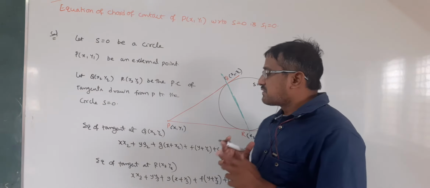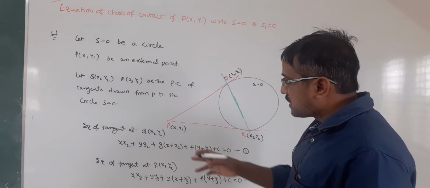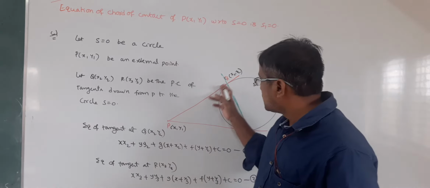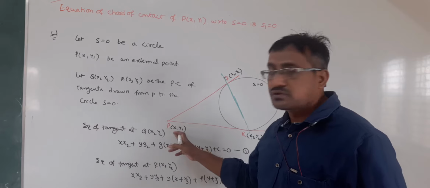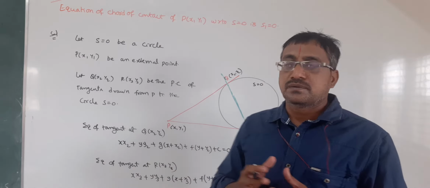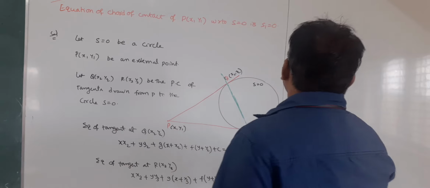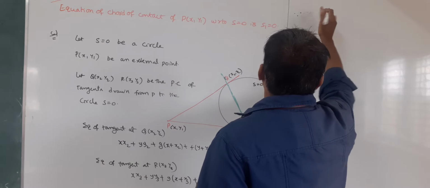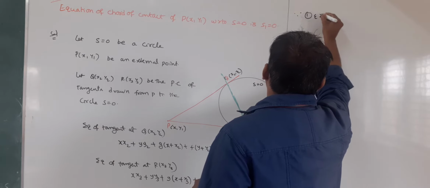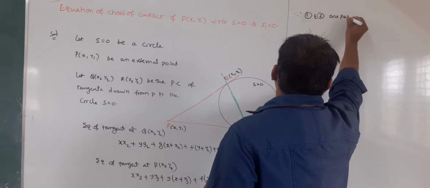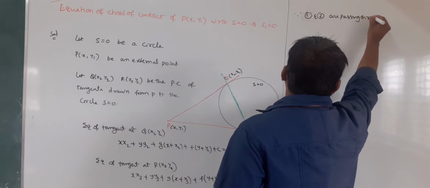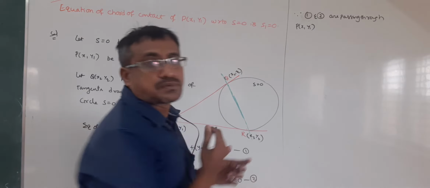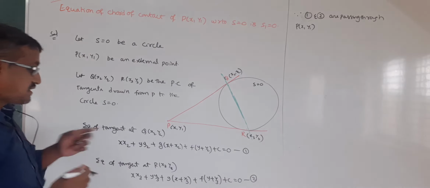Now clearly equations 1 and 2 both pass through P(x1, y1). You can see that these two tangents are passing through (x1, y1). Let us substitute that point in place of x and y.